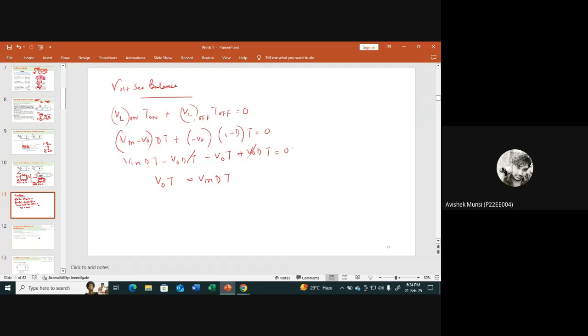So V0 will be d times V in. In a buck converter, the output voltage is just the duty times its input voltage. If you are asked to calculate the duty of a buck converter, that will be V0 by V in. Suppose there is an input voltage of 5 volts, and we want to get around 10 volts, then what will be the duty?